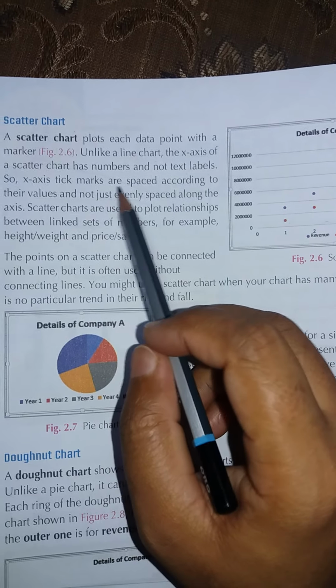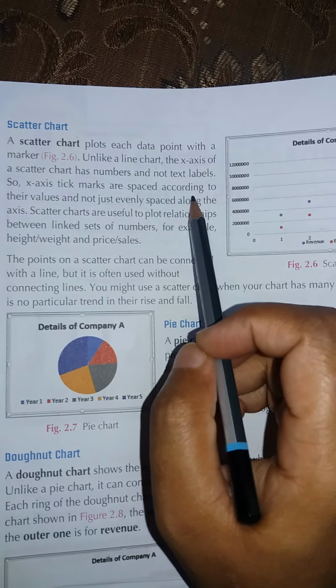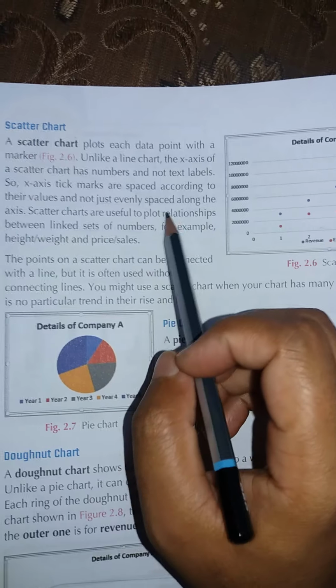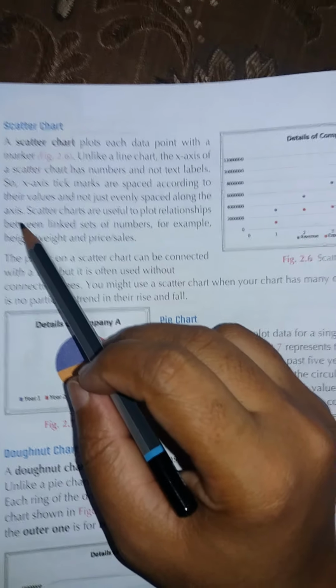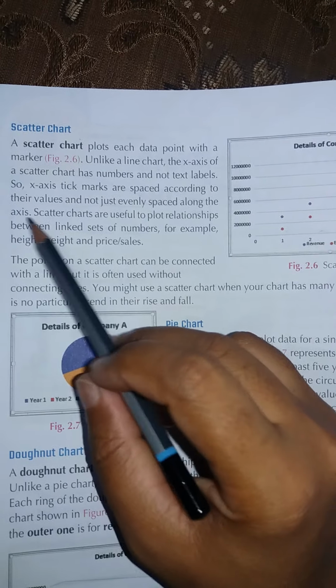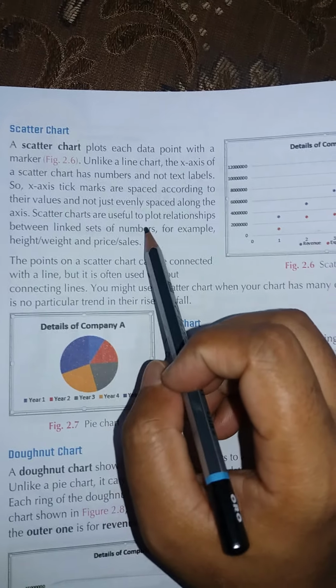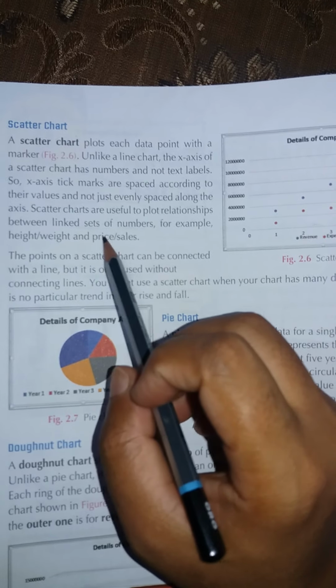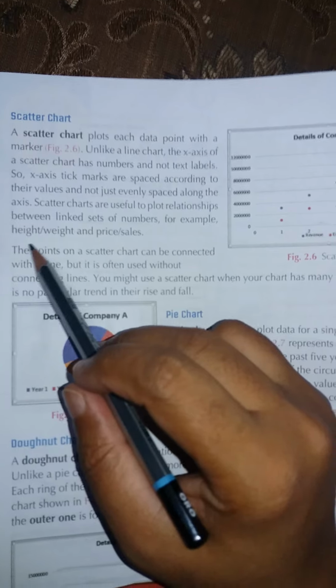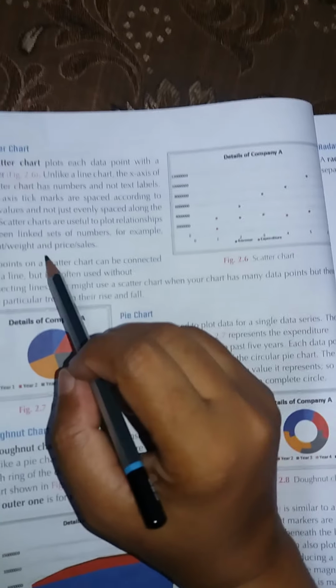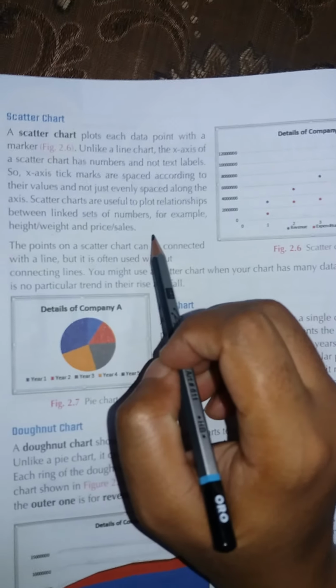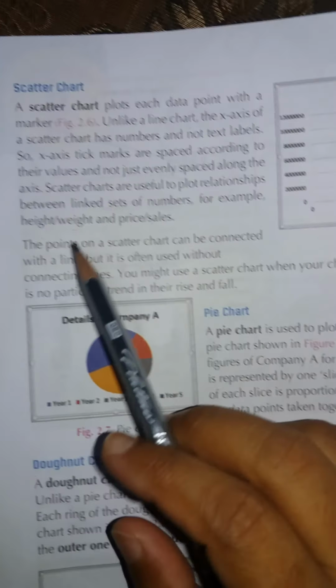So x-axis tick marks are spaced according to their values and not just evenly spaced along the x-axis. Scatter charts are useful to plot relationship between linked sets of numbers. For example, height and weight, price and sales. The link between two things.